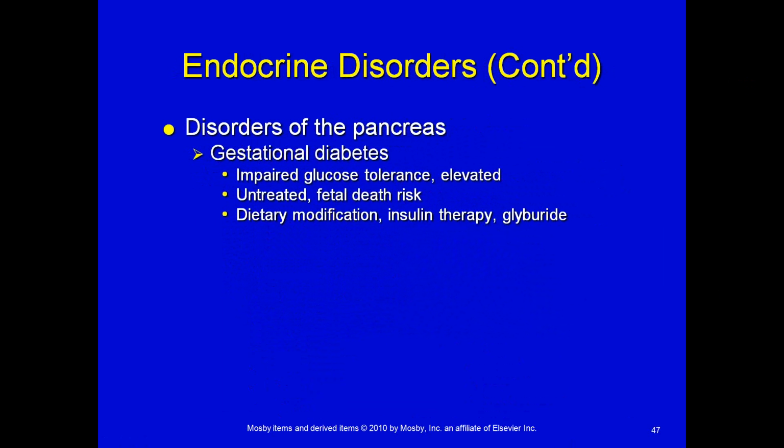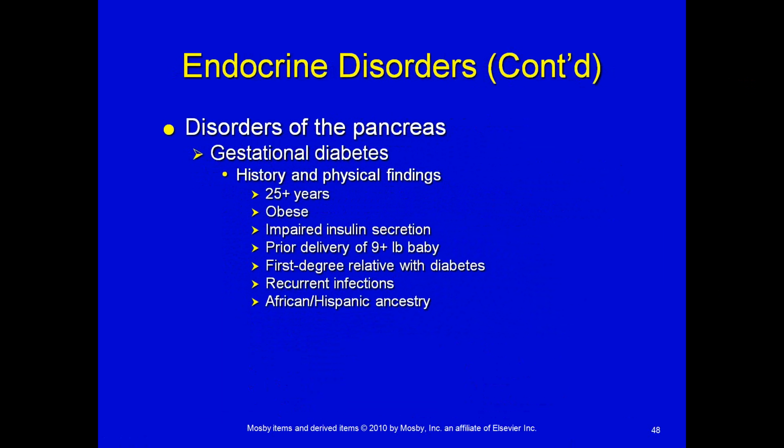But we have to think of the fetus as well, and certainly untreated, unchecked dehydration in a pregnant female could lead to fetal death. Often the gestational diabetes is controlled with dietary modification, maybe some insulin therapy, or some sort of oral hypoglycemic.